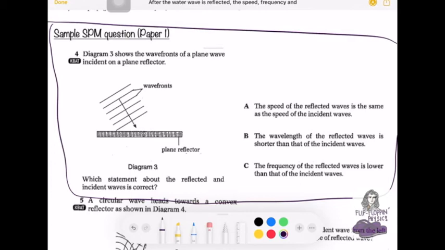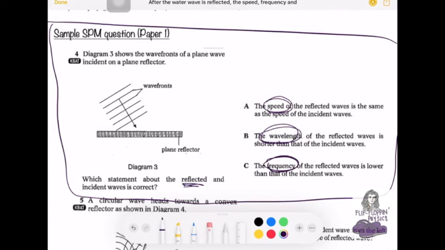In this question, it already tells you that it is a reflection from a plane reflector. So you have to know that the speed in the reflection doesn't change, the wavelength doesn't change, and the frequency also doesn't change. The question asks which one of the statements is correct.